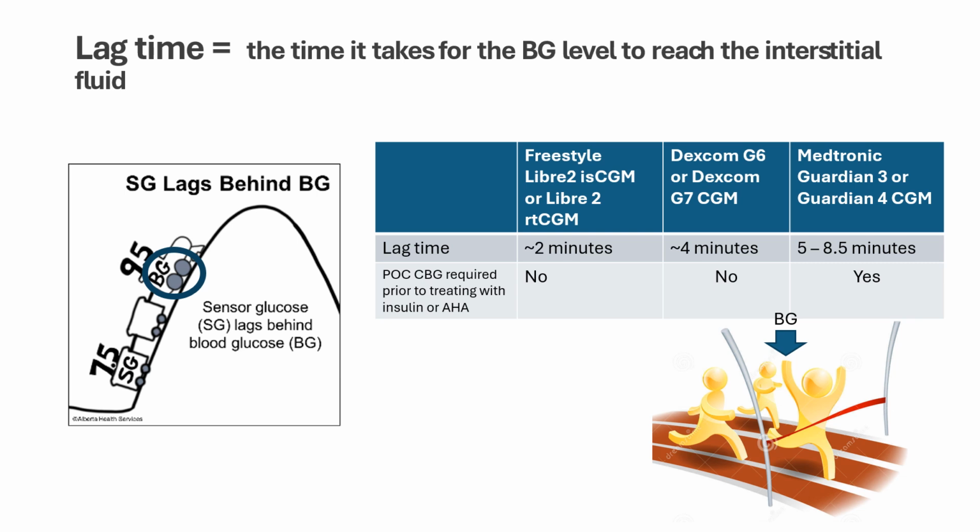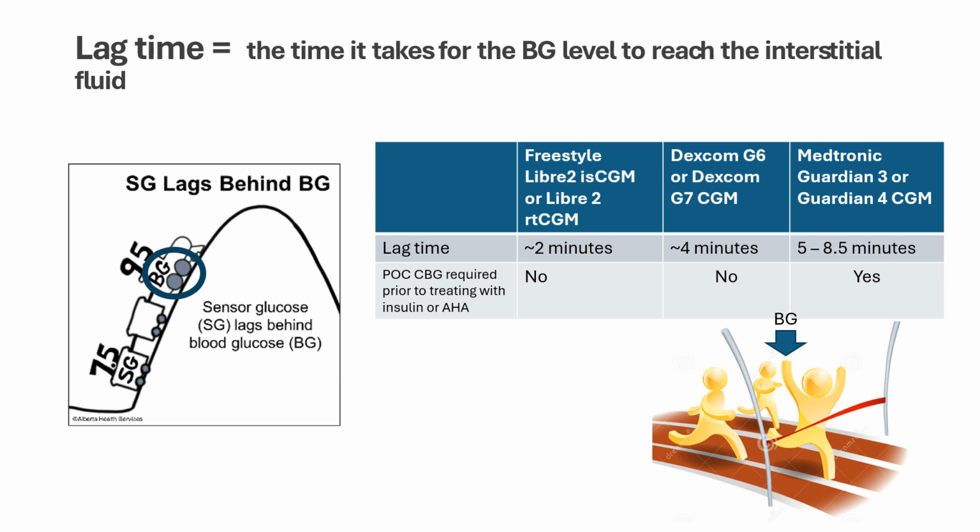But we also have to realize blood is always going to get there first. In a race, blood's going to win. So if you're ever concerned, you always go back to a finger poke. If the glucose levels are rising very quickly, as indicated on the train that's going up the hill here, the blood glucose is in the front train and the sensor glucose is in the back train.